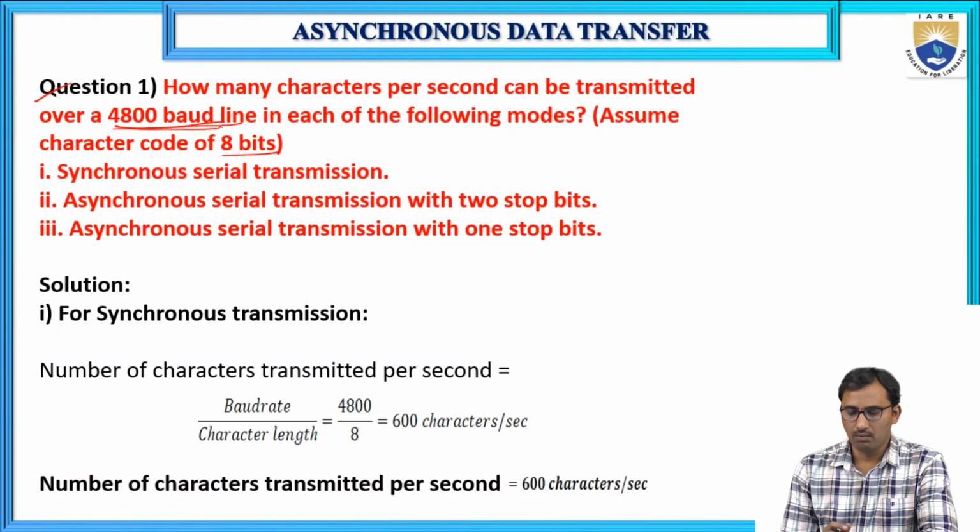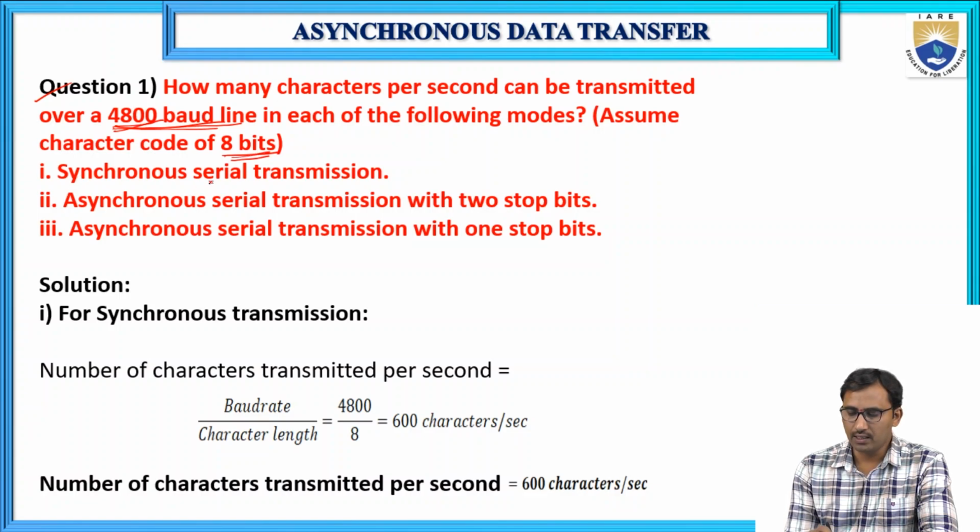The baud rate means the number of bits transmitted per second, that is 4800 bits per second, and we are assuming a character code of 8 bits. That means each character code length is 8 bits.